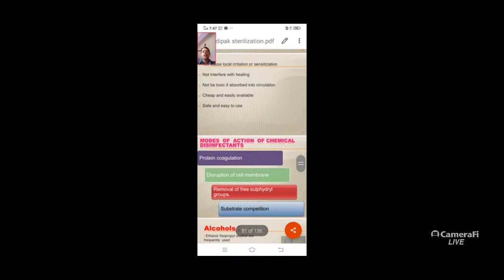Mode of action of chemical disinfectants. Basically most of the chemicals, about 90%, kill the microorganism by protein coagulation. That means the protein of the microorganism is coagulated by this method. Another is disruption of the cell membrane, which is the outer wall of the microorganism. If the cell membrane is disrupted by any chemical or by any means, the organism will automatically be killed.